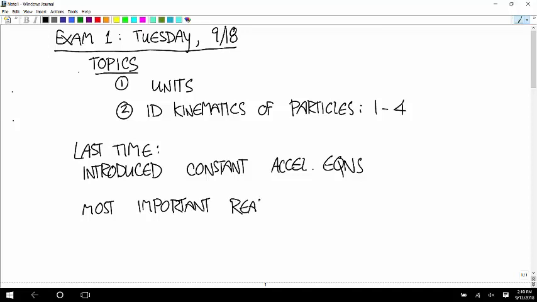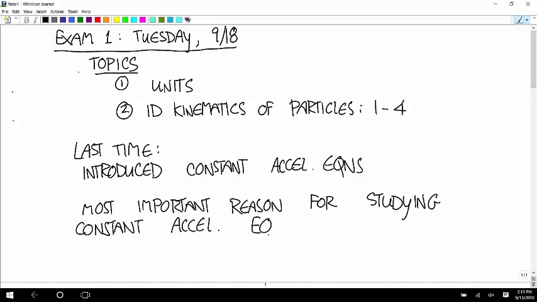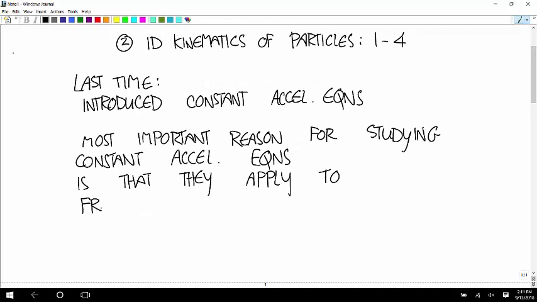Okay. So the most important reason that we do kinematics, well, let's say for studying constant acceleration equations, is that they apply to free fall and projectile motion problems.